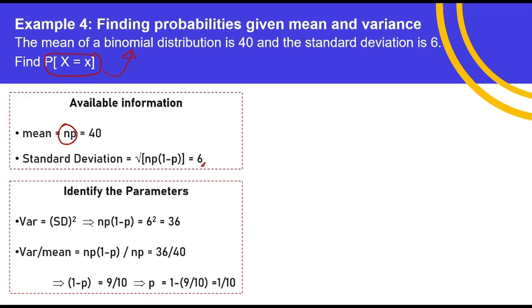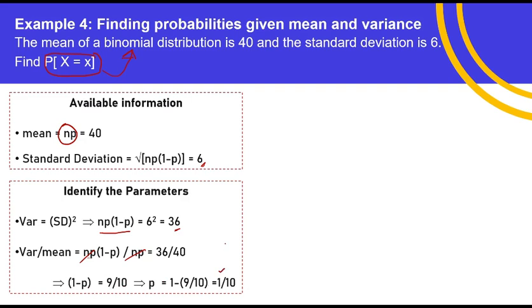Variance is standard deviation squared. That means we take the square of 6, that is 36. And variance is NP into 1 minus P. Now we divide variance by mean, that is NP into 1 minus P by NP, so that is 36 by 40. Here NP and NP get cancelled. So we have 1 minus P equal to 9 by 10. So P equal to 1 minus 9 by 10, that is P equal to 1 by 10.